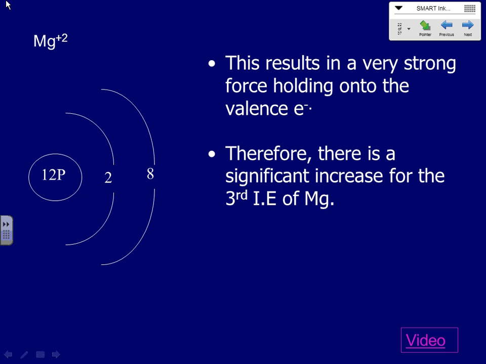So it's this big, significant jump in ionization energy between removing the second and third that makes magnesium have a stable +2 ion. There are no atoms in nature that have a strong enough force to pull that third one away from magnesium. So magnesium stops giving them up because it just hangs on so tightly to the others.